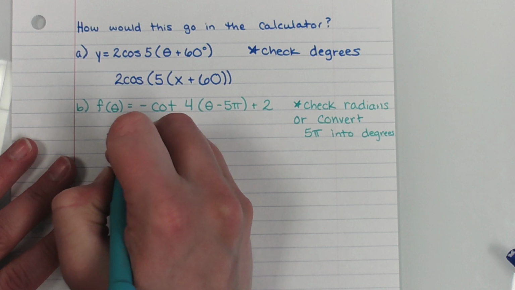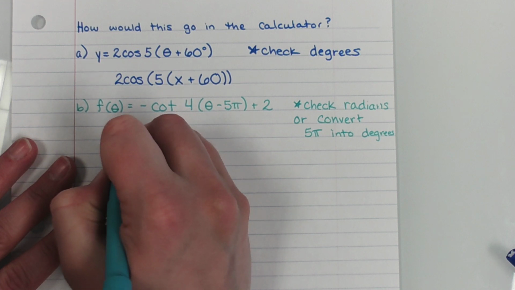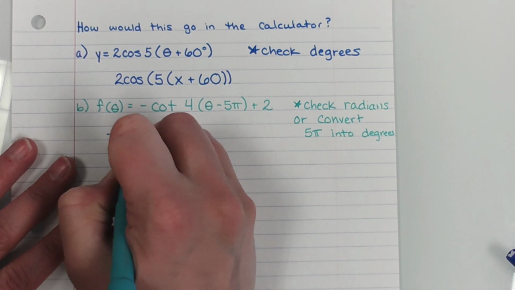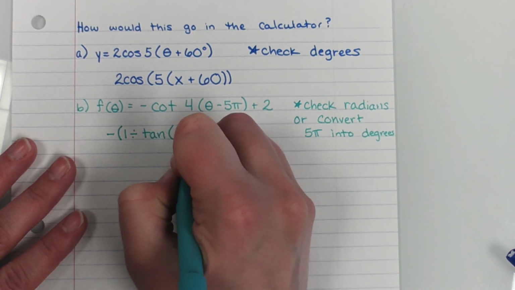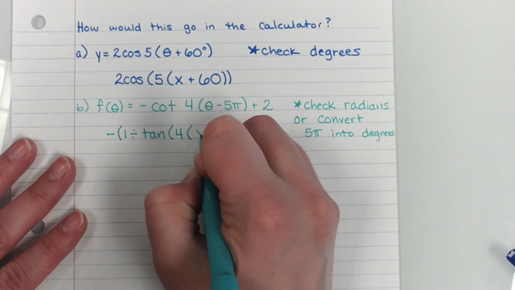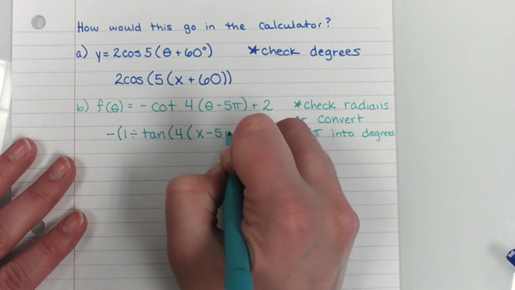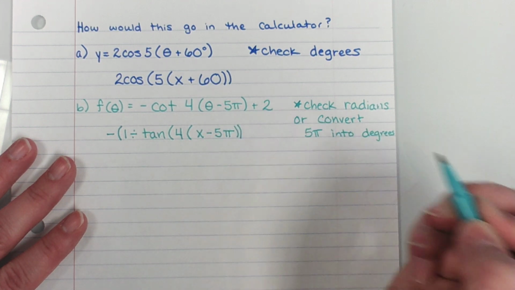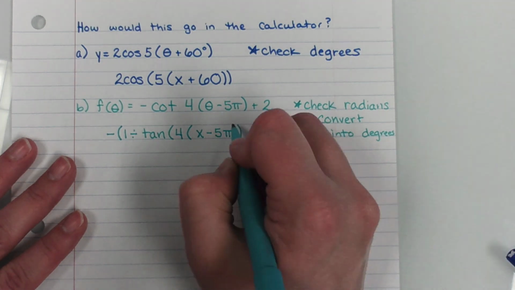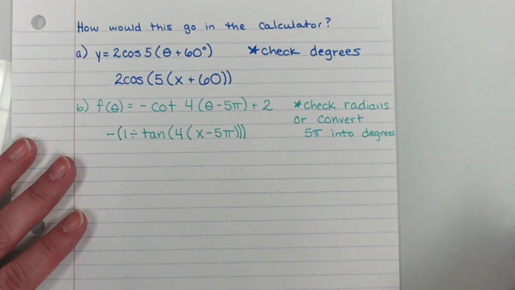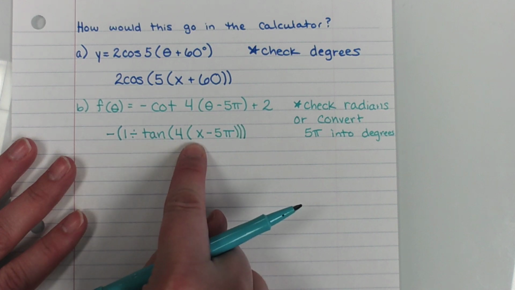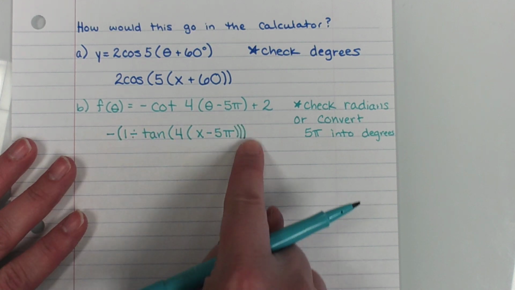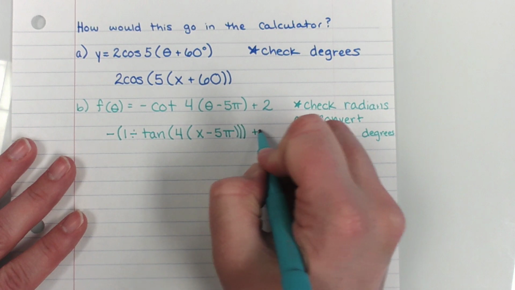So, negative. I tend to put a parenthesis. 1 divided by tangent, open parenthesis, 4, open parenthesis, x minus 5 pi, close parenthesis, close parenthesis, close parenthesis. Because there are 3 opens, all just trying to get me the cotangent, plus 2.